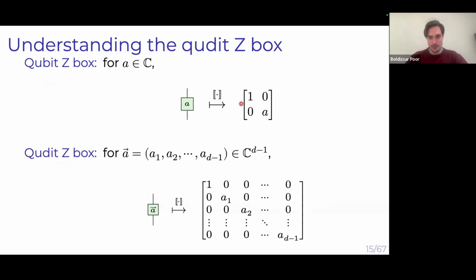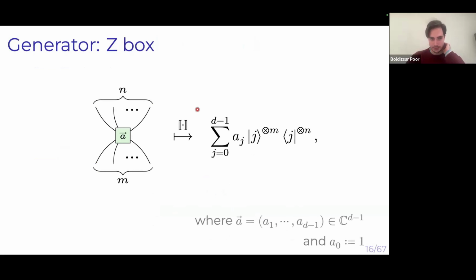So in qubits, a matrix would be 2 times 2 dimensional with 1 input, 1 output. In qudits, that's d times d. And thus we have a parameter that has d minus 1 elements. So this is d minus 1 complex parameters. And these parameters are put into the diagonal of the matrix after the very first one. And generalizing this to arbitrary number of legs, we get the last generator, the Z box.